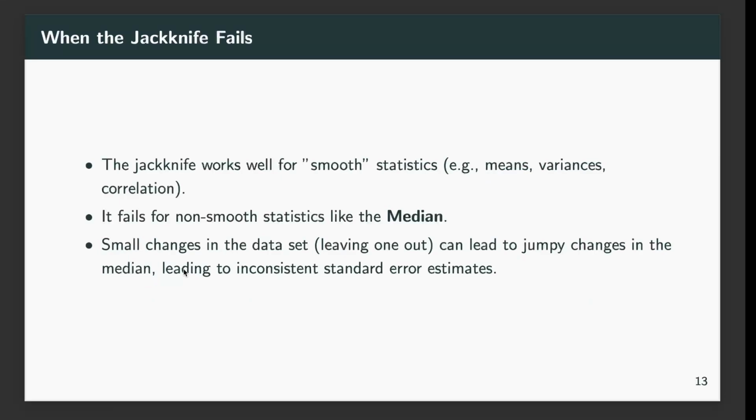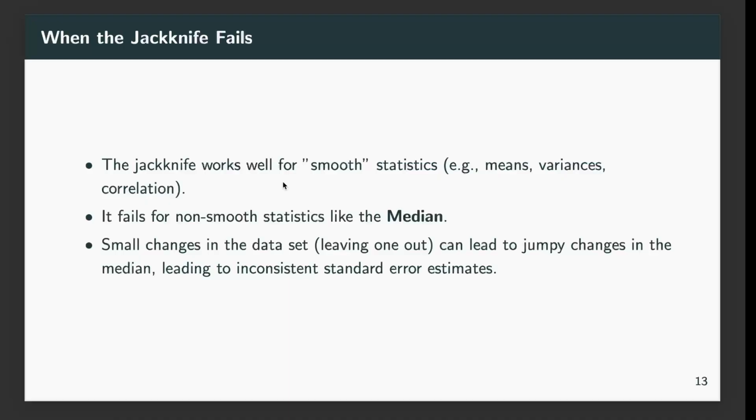Now let's talk about when the Jackknife will fail. The Jackknife works well for smooth statistics, for example, means, variance, and correlation. The keyword here is smooth statistics. So what do we mean by smooth statistics?